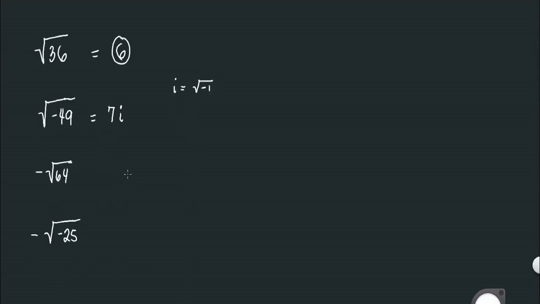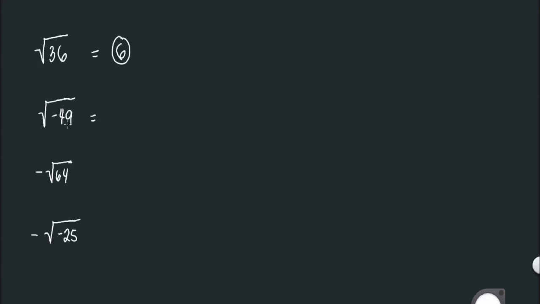So paano nangyayaring ganun, no? I'm going to show you the process kung bakit naging 7i yung sagot. Okay? So kung hindi nyo pa alam yung i, yung imaginary numbers, then aalamin natin yan during the lesson kapag kinontinue pa natin. Okay, so let's break it down.